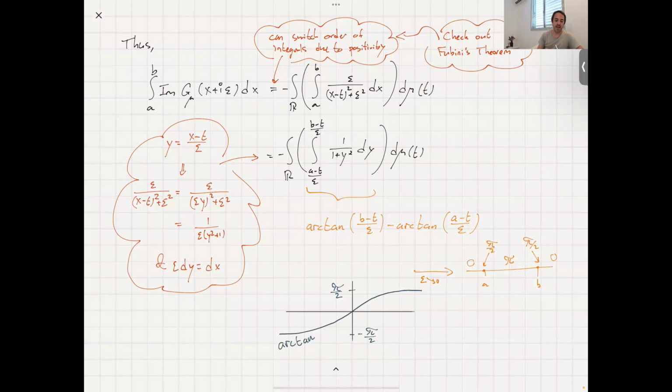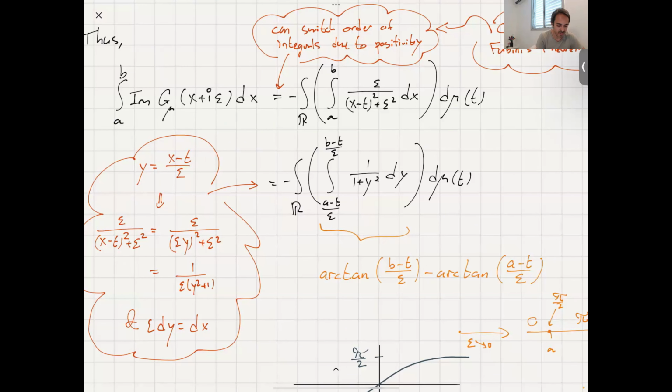Now, I want to integrate from a to b the integrand that we just analyzed. And so the integral from a to b of the imaginary part of the Cauchy transform is, and now you see here that I did something interesting.